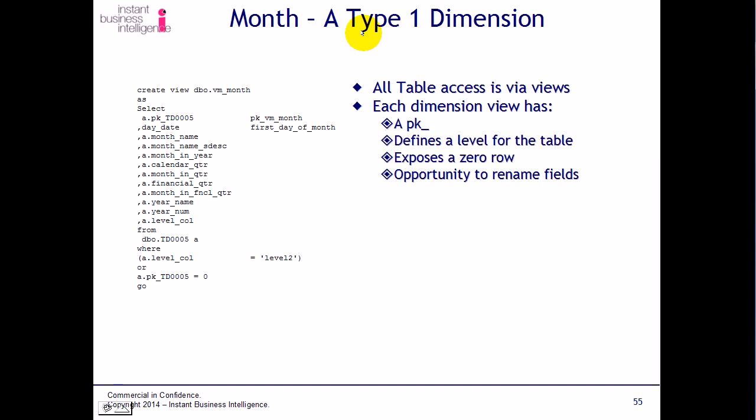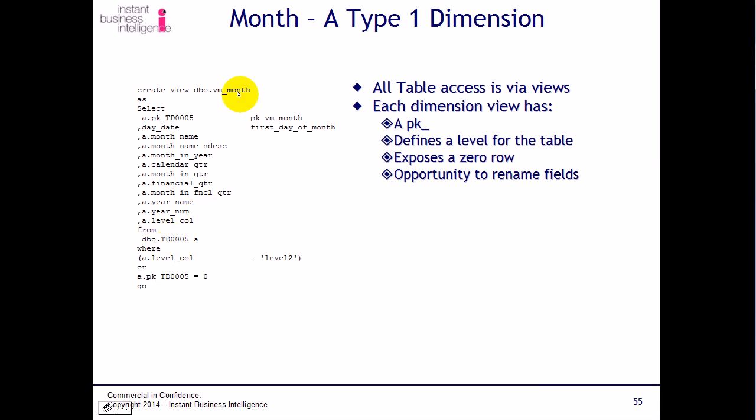So a typical table might be a type 1 dimension table, and there is no table more simple than month, VM month. And when it gets generated, VM month looks like create view VM month as select from TD0005. So TD table, D dimension, 0005.